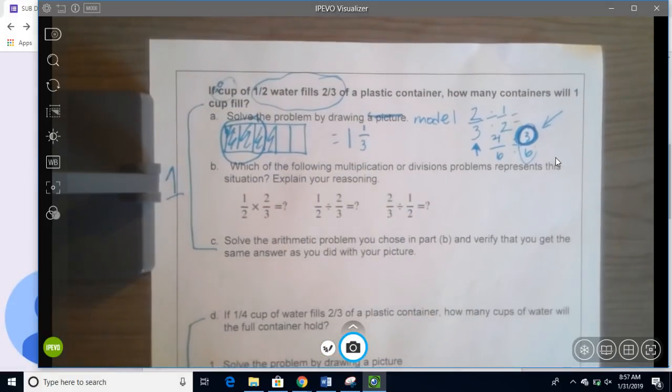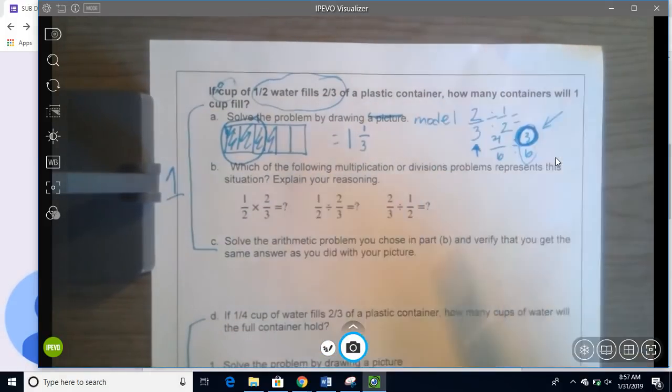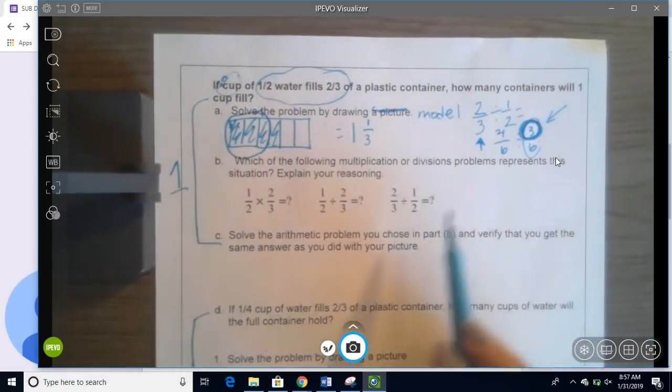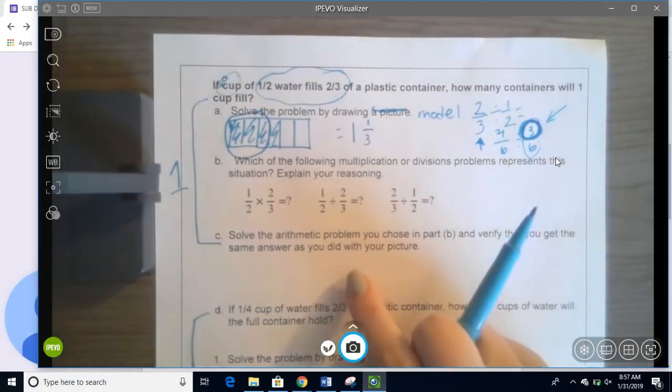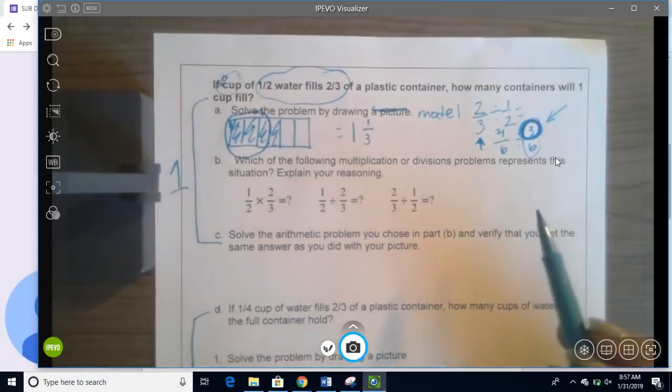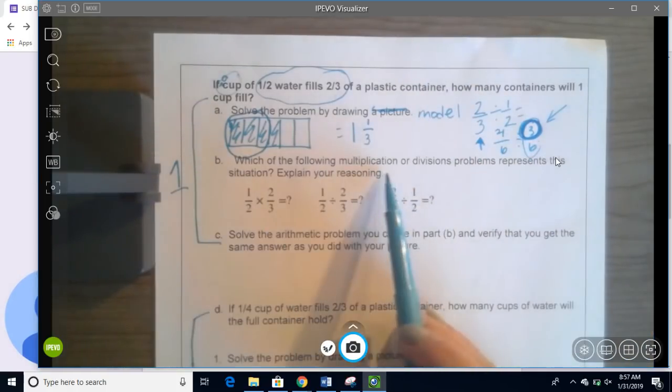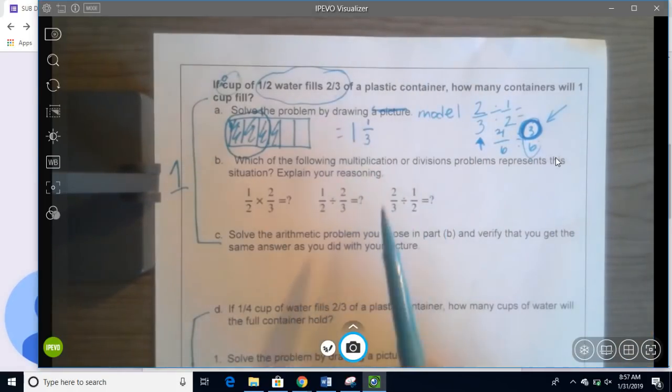All right, I'm not going to check it today because C tells us to confirm that that's what we get. It kind of breaks that step apart for us. So when we get down here is when we'll check. Okay, so now we have to find our multiplication or division problem.